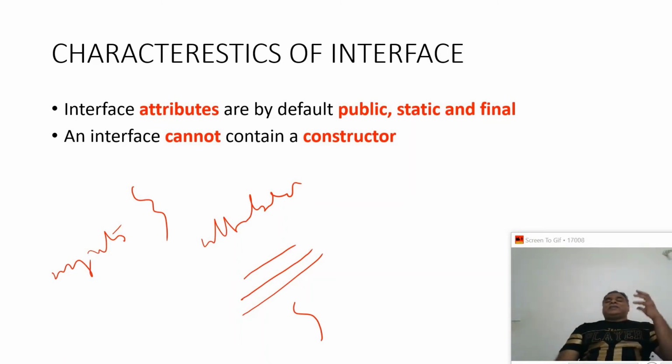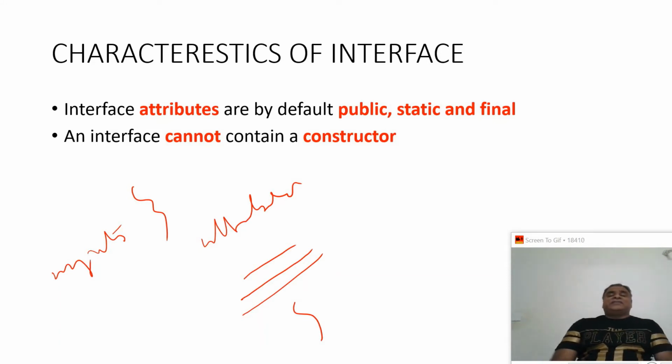Final, when it comes with an attribute, acts as a constant. We discussed final in the previous video. Final can be with an attribute, a method, or a class. When it comes with a method, it prevents overriding. When it comes with a class, it avoids inheritance. So those are the characteristics of the final keyword.